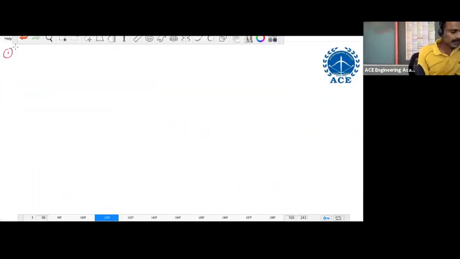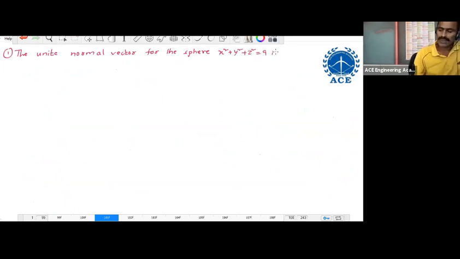Problem number 1. The unit normal vector for the sphere x square plus y square plus z square equal to 9 is... We are given the equation of the surface of the sphere, x square plus y square plus z square equal to 9.